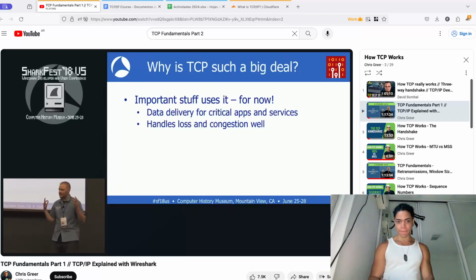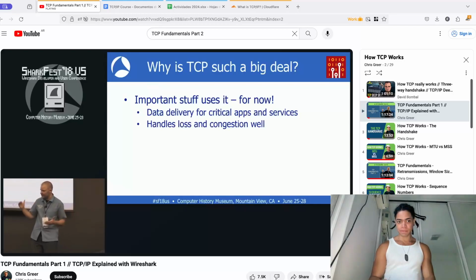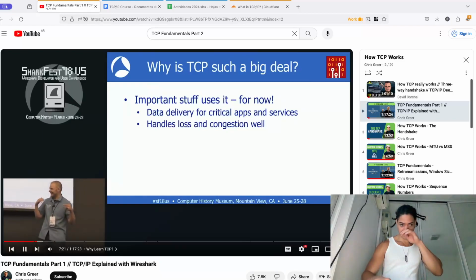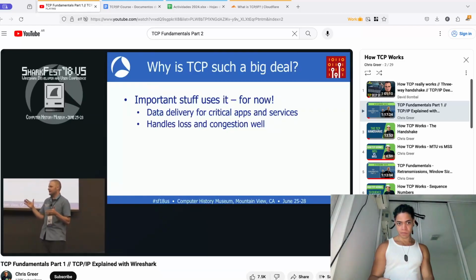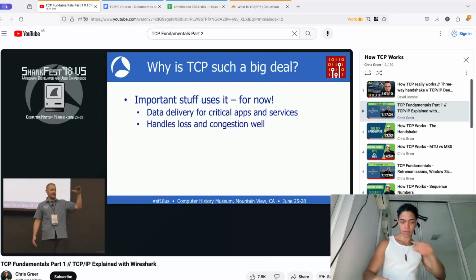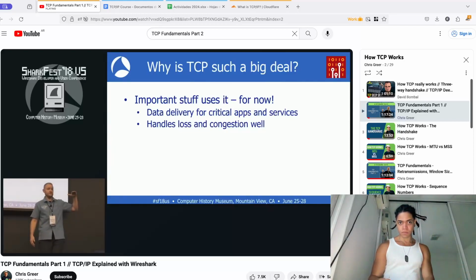It can figure out, okay, I just sent some data on the wire, I sent it at a certain rate. I started to sense some congestion, I saw some loss. Let me back off a little bit on how much I'm sending. It wants to figure out, especially with a large data transfer, what's the best rate that I can send this at without running into problems.